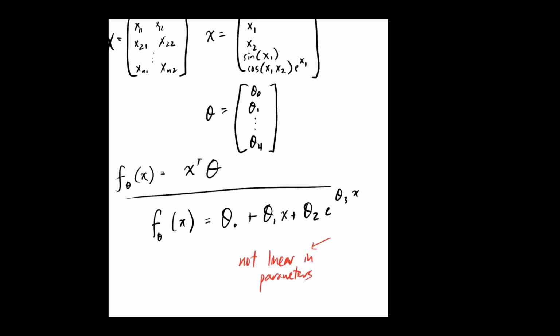But one thing you can do, if you want the sine of theta 3 x, and you have some insider knowledge of what theta 3 could be, is just add more parameters to your model. You could add theta 2 sine x plus theta 3 sine 2x plus theta 4 sine 3x, and so on, adding more features that have different amplitudes.